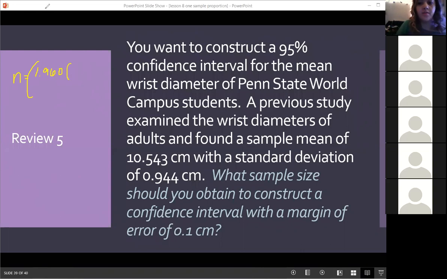We multiply that by our approximate standard deviation, which is 0.944, and then divide that by 0.1, because that's our margin of error, and square it. If you solve this out, you're going to get a decimal, but being realistic, you can't have a decimal of people. It's a discrete quantitative variable. So you're going to get about 343 people.